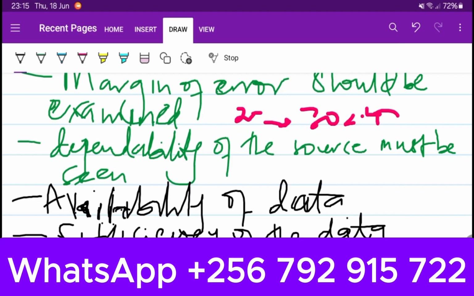So the adequate data must be available for us to rely on that information, because the reliability of the information is very important, especially the secondary data, because it is the one that we are going to base on to make decisions by all the users.